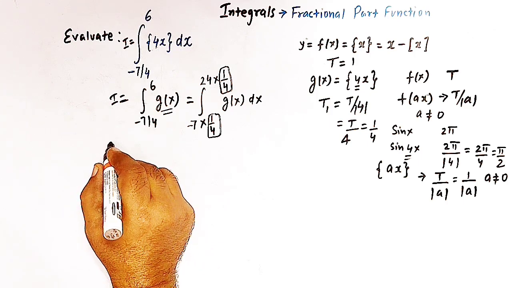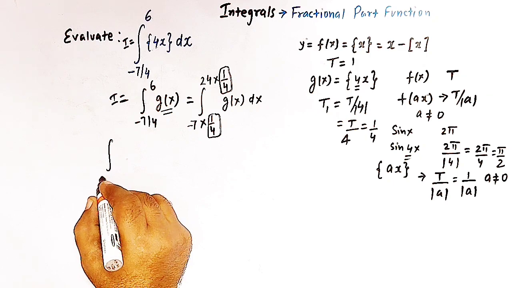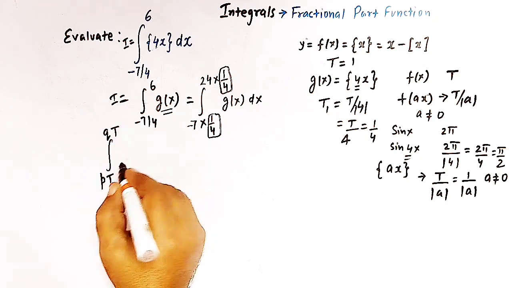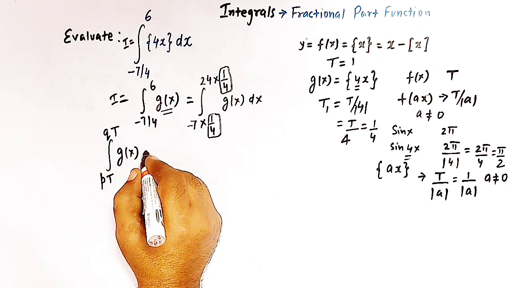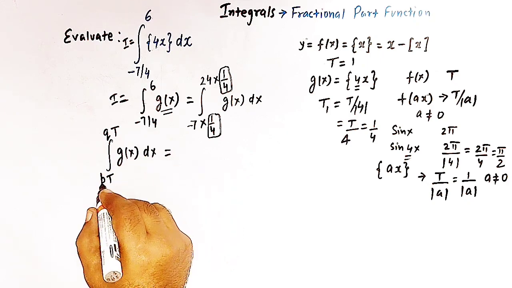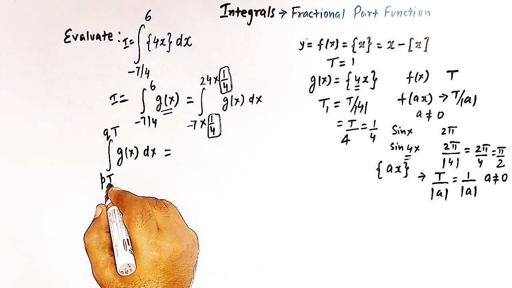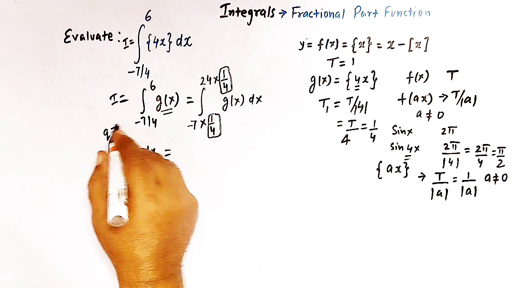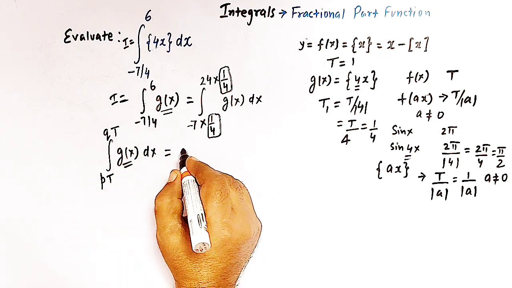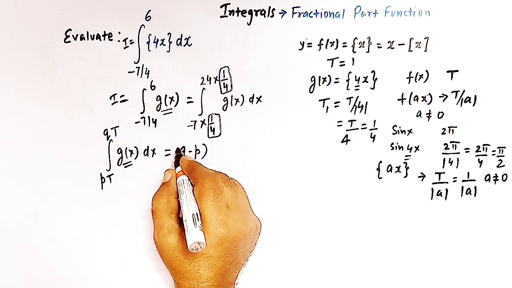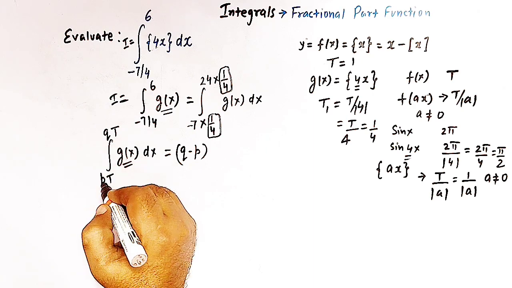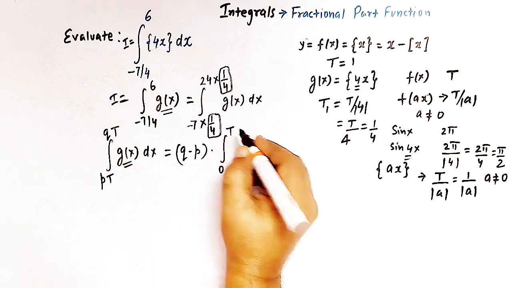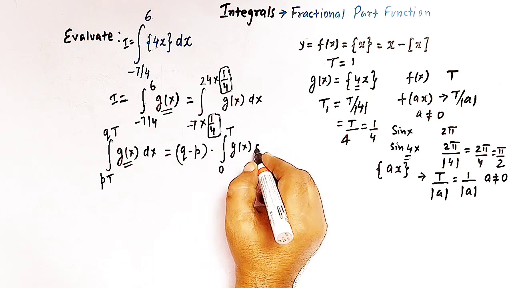We know this property: if we have the integral from p times T to q times T of a function g of x, and p and q are integers, and T is the period of g of x, then this integral can be written as q minus p, that is the difference of these two integers, times the integral from 0 to T of g of x dx.